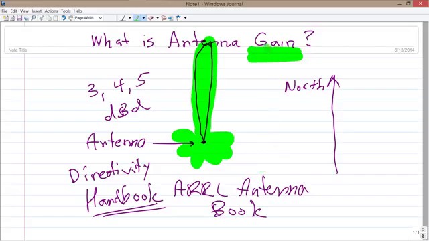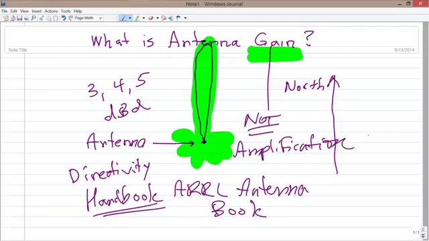But the key concept that I'd like to express here is that this gain is not amplification. You can't get something for nothing. You don't get a free lunch.